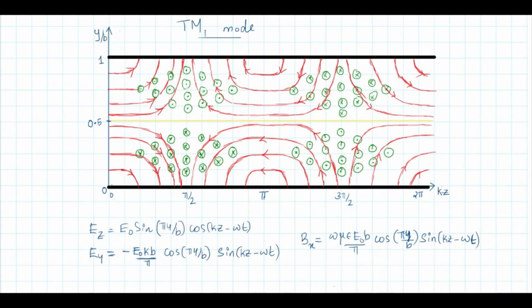So naturally, the x-axis will be into the plane of the board. In a right-handed system, if you have z-axis along horizontal and y-axis along vertical, x-axis will be into the plane of the board. Now, this Ez, Ey, Bx are respectively the real part of Ez, Ey and Bx.